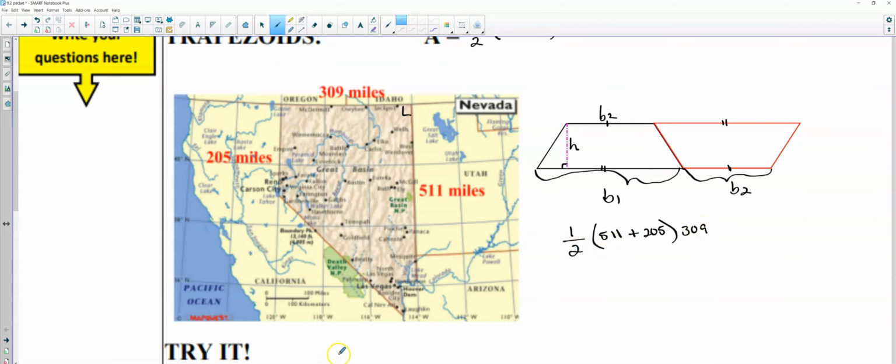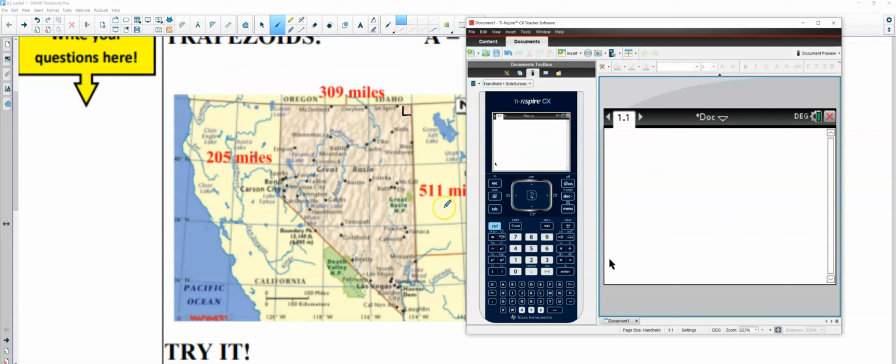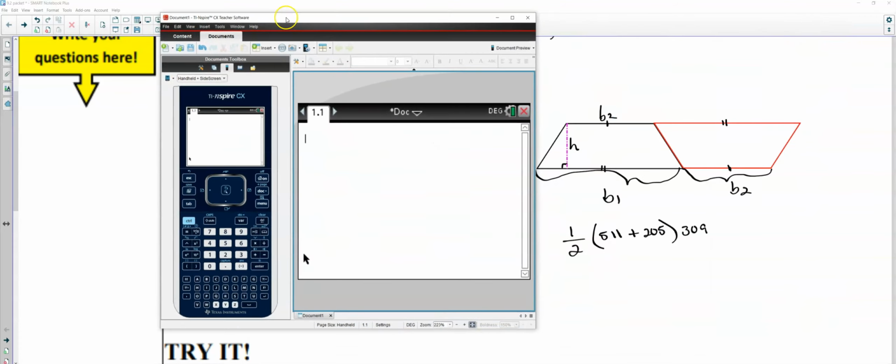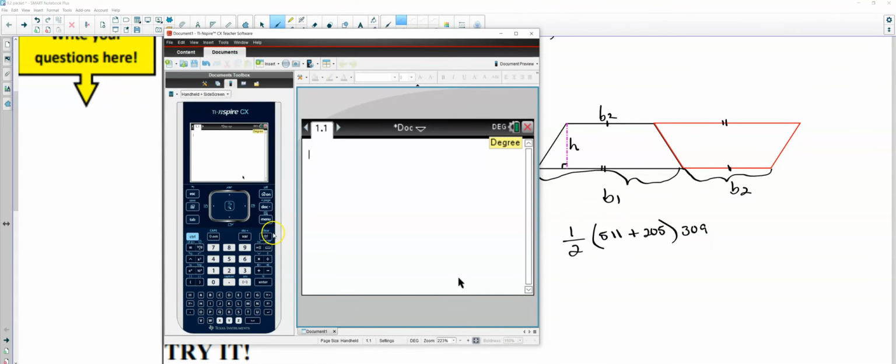We'll go to the calculator to make it easier. So that's 511 plus 205, close parentheses, times 309, close parentheses, and divide that by 2.